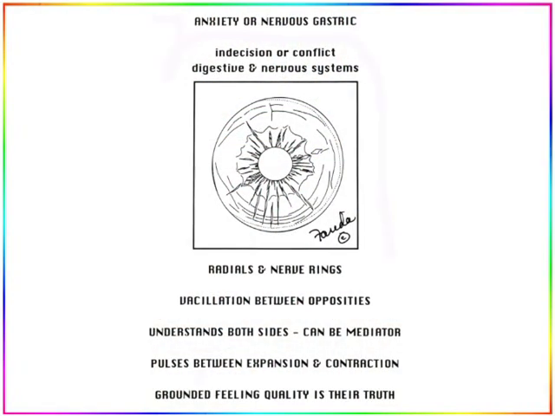So radials and nerve rings together, a vacillation of the opposites of expansion and contraction, yes and no. But because of this ability to go into both sides, they can be great mediators. That can be their highest role. I can understand this person, I can understand that person, and now let's create an understanding and figure out what's the best thing to do.